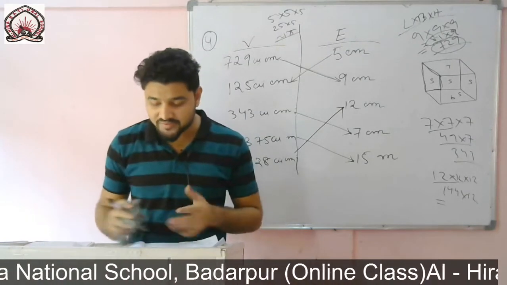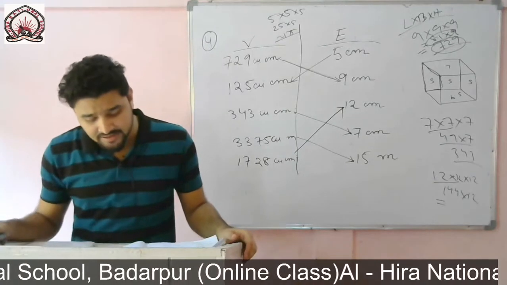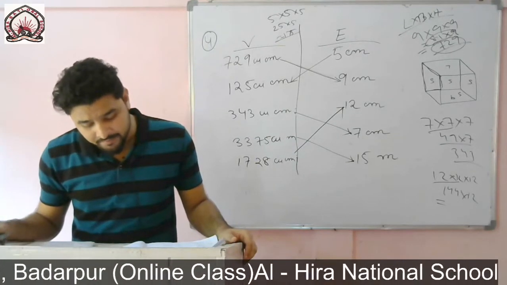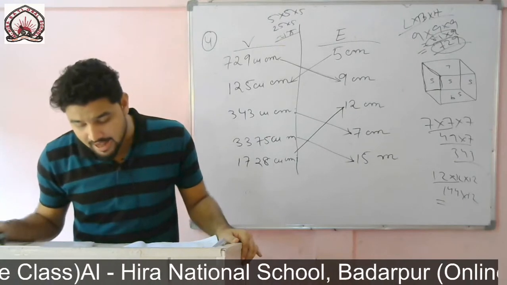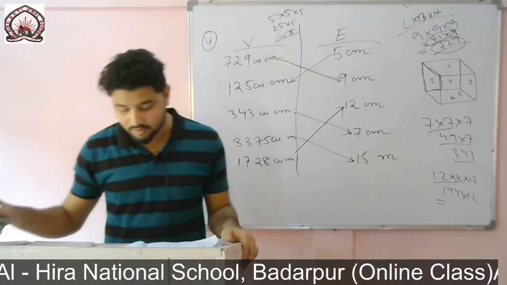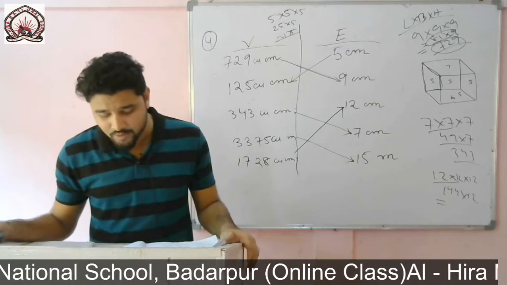You see question number 5. Fill in the volume for each cuboid: length, breadth, height, volume. Okay, so length, breadth, height are given. We have to find what?